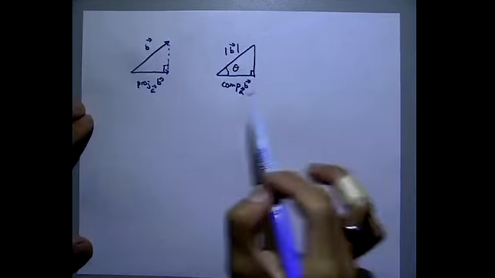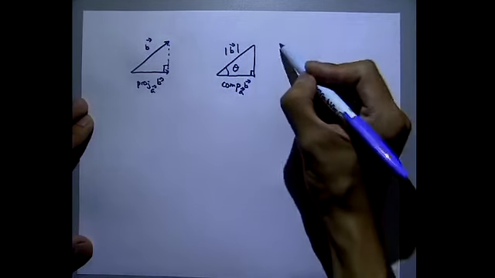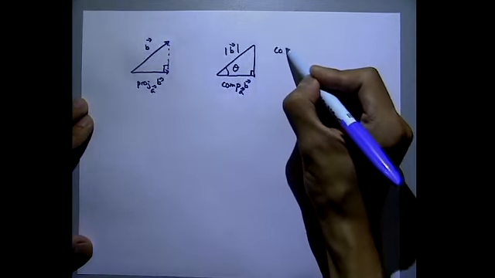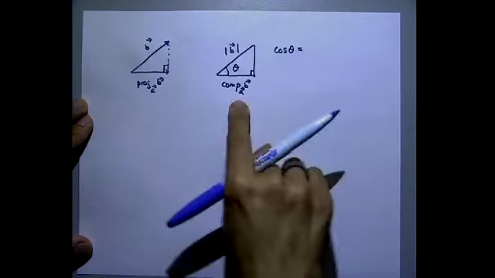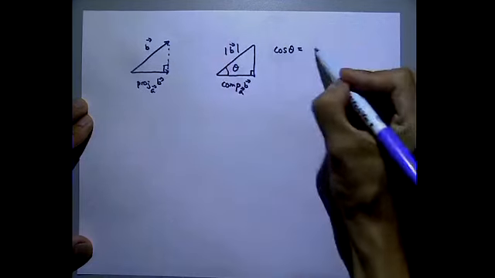The angle between them is theta. Looking at this figure here, using basic trigonometry, we can say that cosine of theta is the adjacent over hypotenuse.